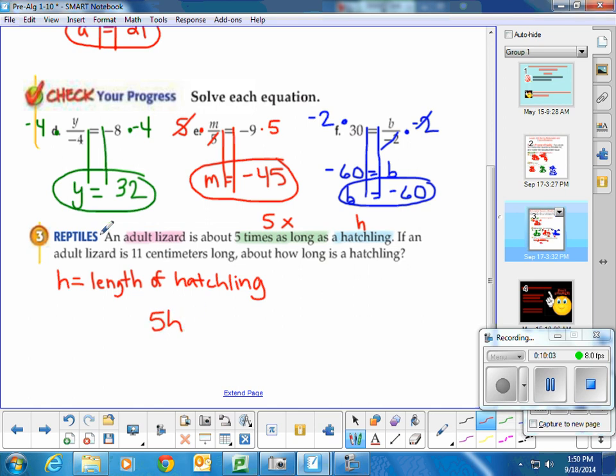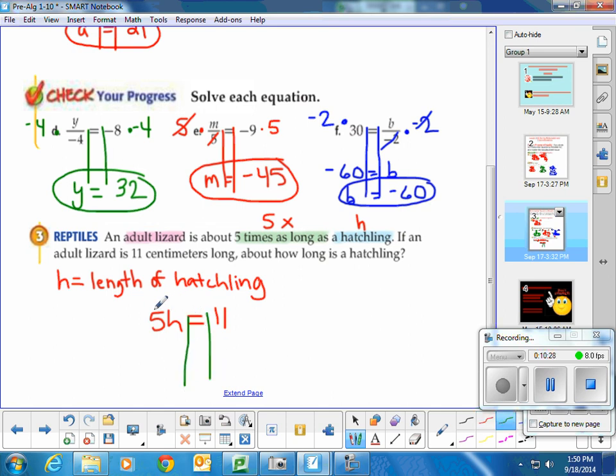And they go on to say that an adult lizard is 11 centimeters long. So if an adult lizard is 5 times as long as a hatchling, then 5 times a hatchling is going to equal the adult lizard size, which is 11. So there's our equation. Now we're going to go ahead and solve it.